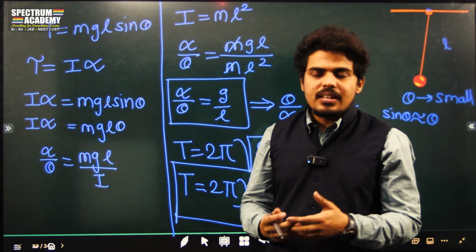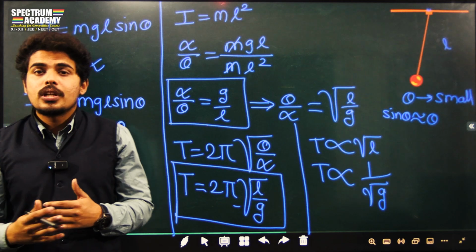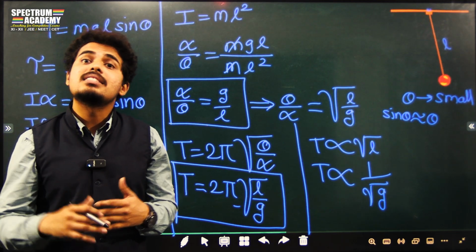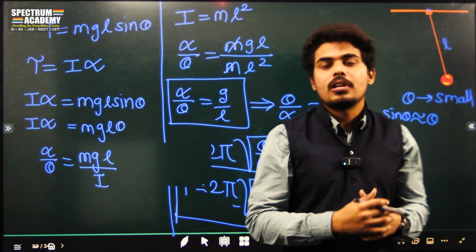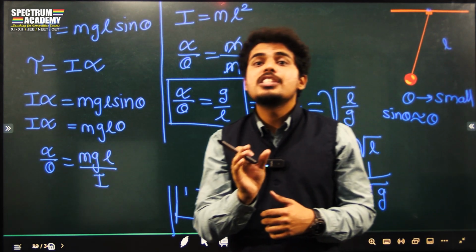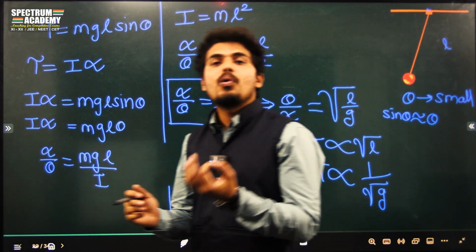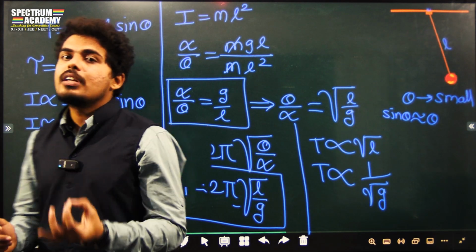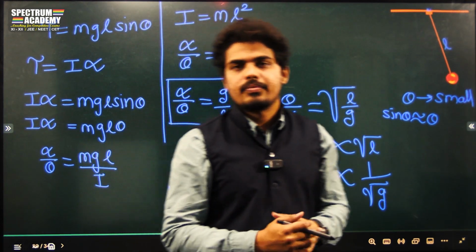Angular SHM means the restoring torque is directly proportional to the displacement, which is the angular displacement from the mean position, and both the torque and the angular displacement act in opposite directions. This is the first thing.